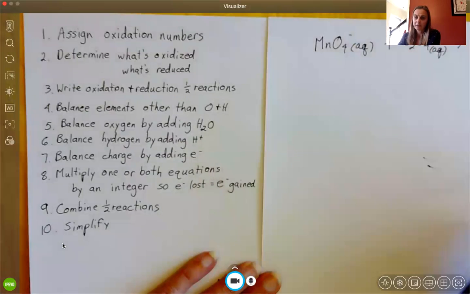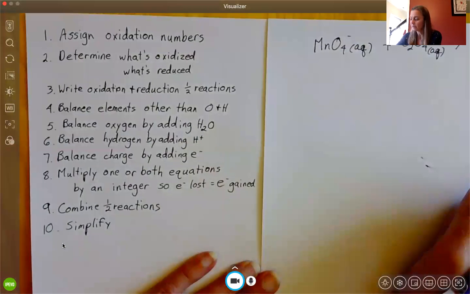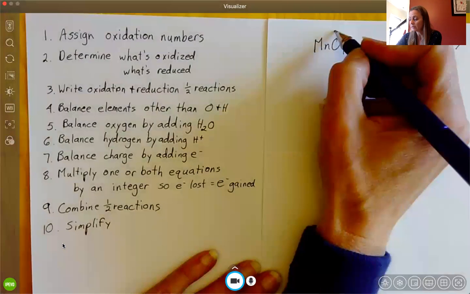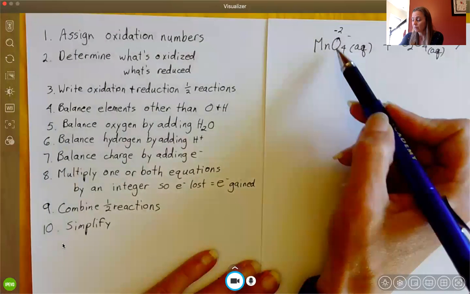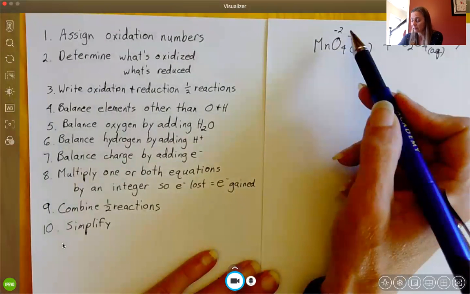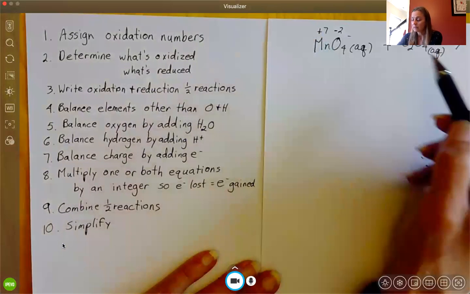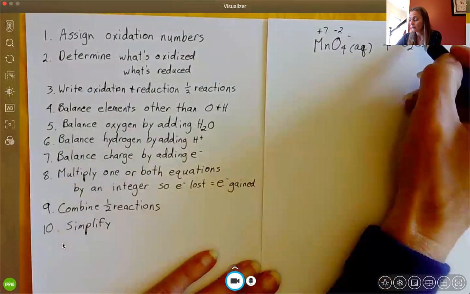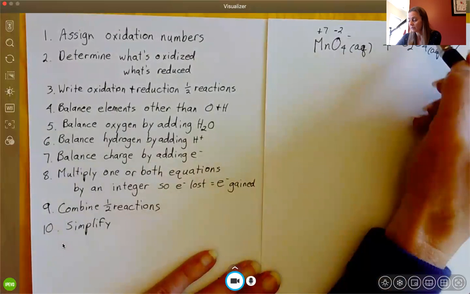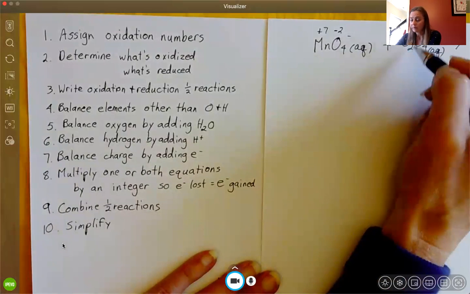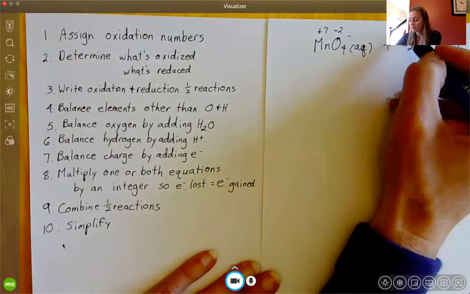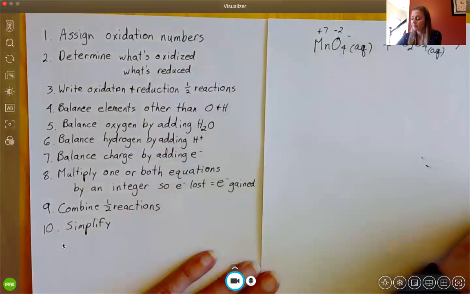So again, we're going to assign oxidation numbers. So oxygen is -2. That's a total of -8 plus something makes -1. Manganese must be a +7. Oxygen is a -2. There are 4 of them. -8 plus something is -2. Both carbons together must be +6. That means each carbon must be +3.